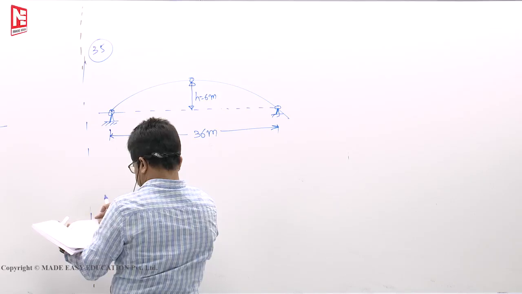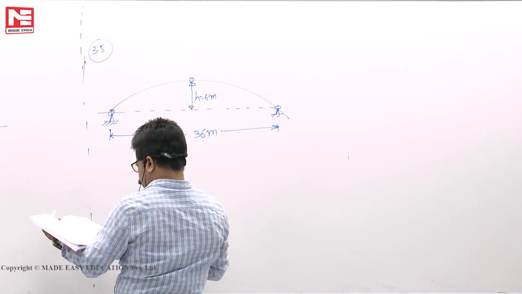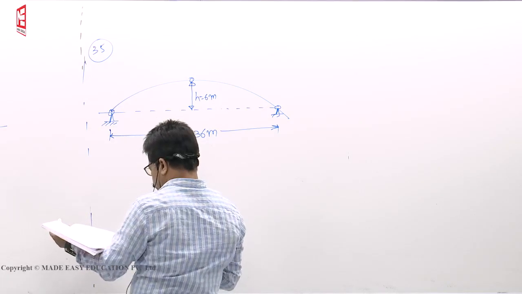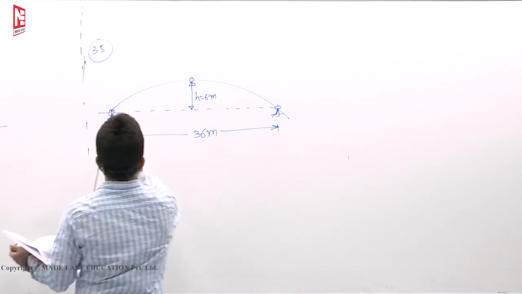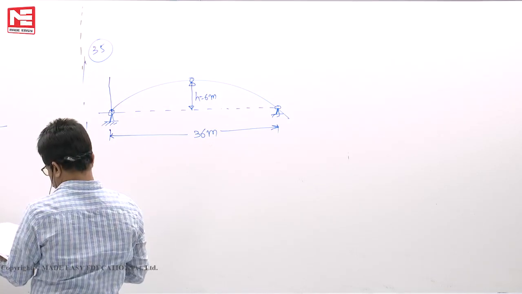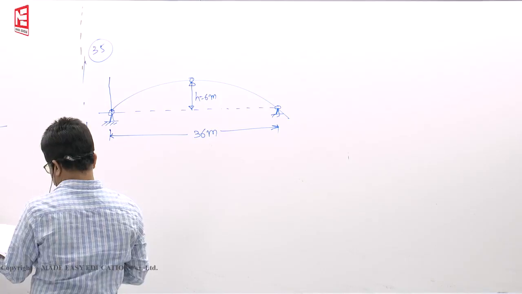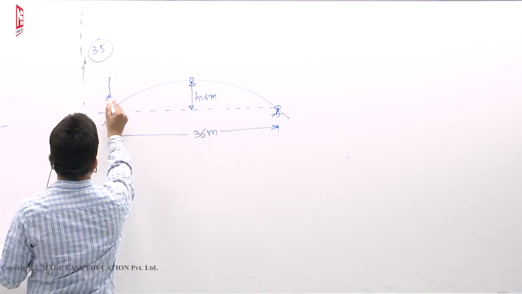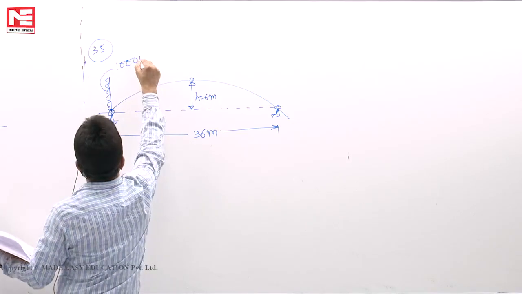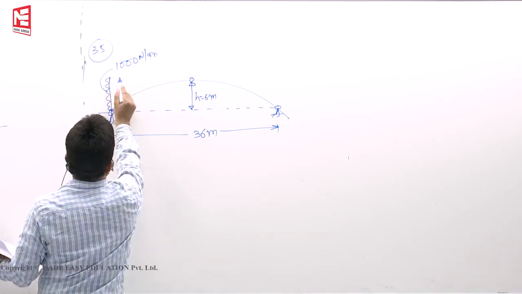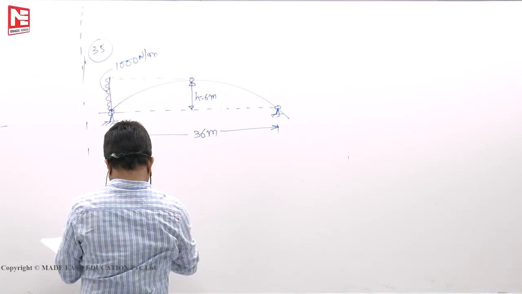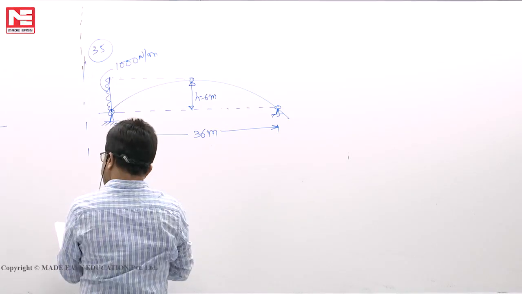Hinged at the crown and springings. It carries a horizontal load of 1000 newtons per meter, covering the full height of the arch on the left side.